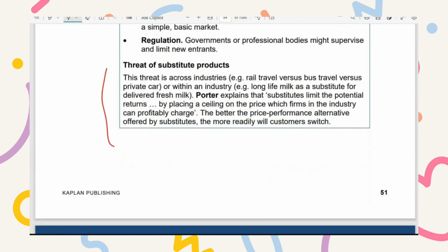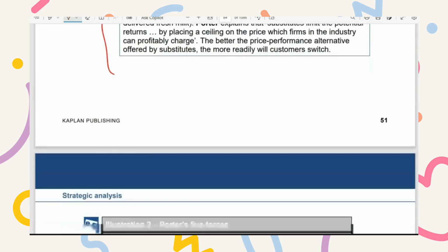These points you have to read out. Threats of substitute products: substitute products are always there, but it is good for the economy, good for people, good for the market, because with substitute products, prices will be kept in control.